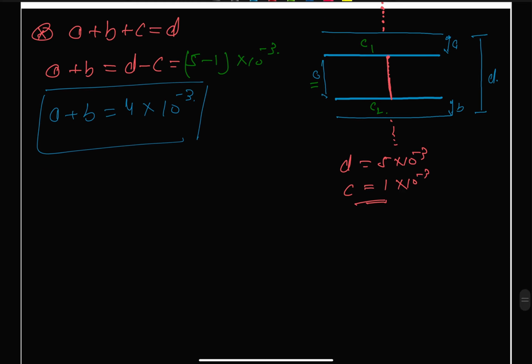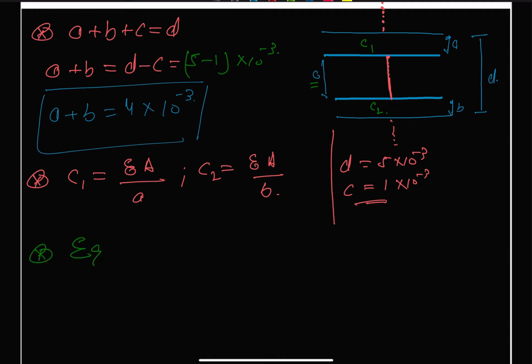Now we can easily find the value of capacitance C1. C1 will be equal to epsilon naught A upon small a, the distance between the plates, and C2 is equal to epsilon naught A upon B, as the area is the same. These two capacitances are connected in series, so let us call the equivalent capacitance C equivalent.